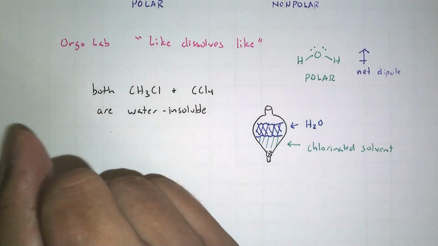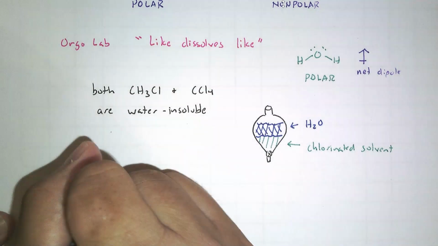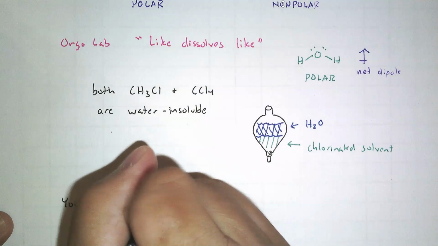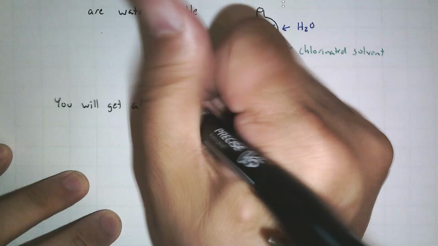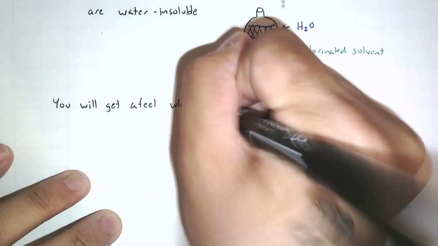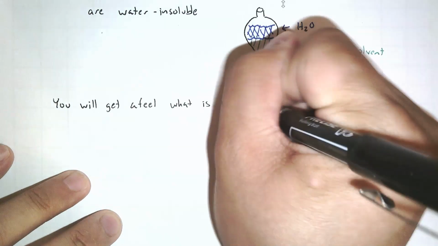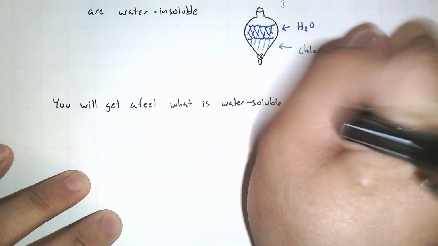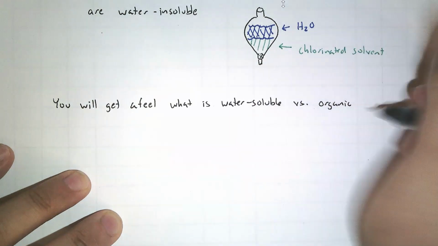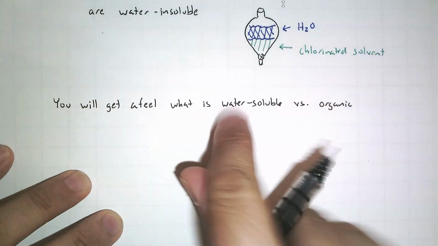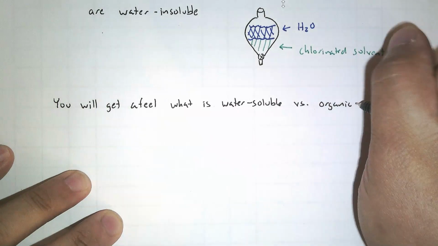The first is that you will get a feel for what is water soluble versus organic. And we'll have time to look at some solvents that are water-based versus organic-based.